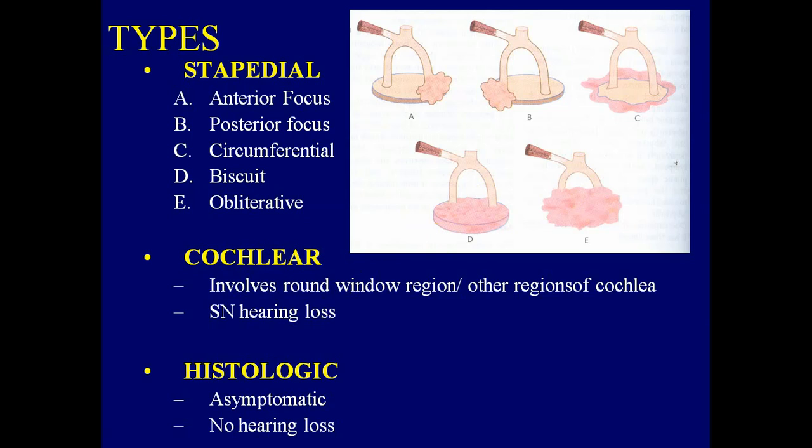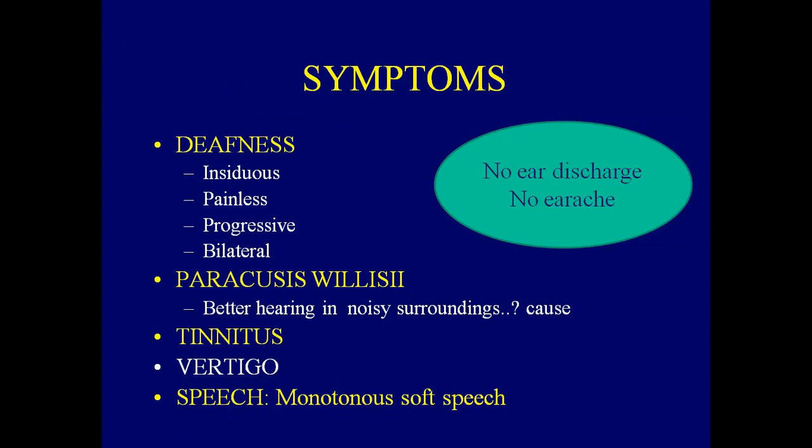Many times otosclerosis may go unnoticed and is found only during autopsy, when it is called histological otosclerosis, or when a surgery is performed for some other disease and otosclerosis is accidentally diagnosed.